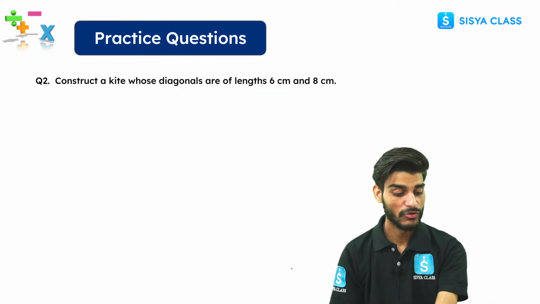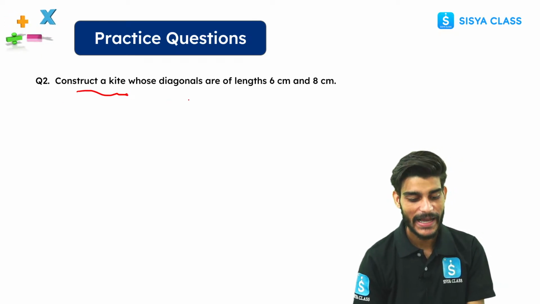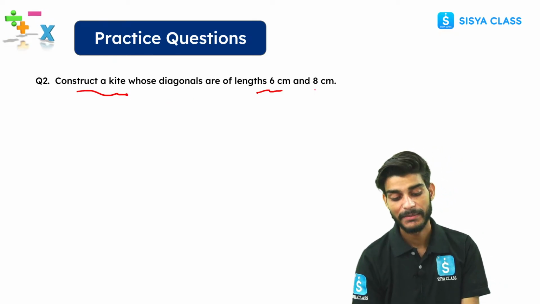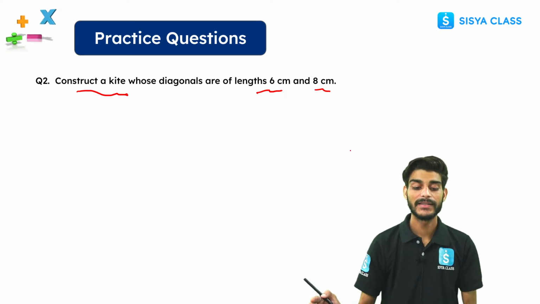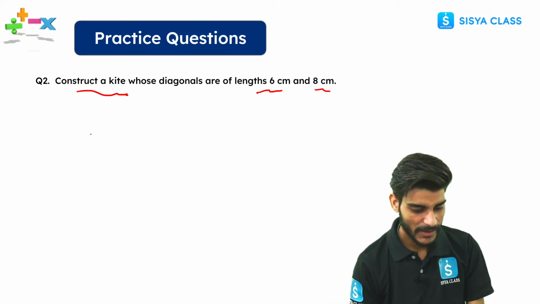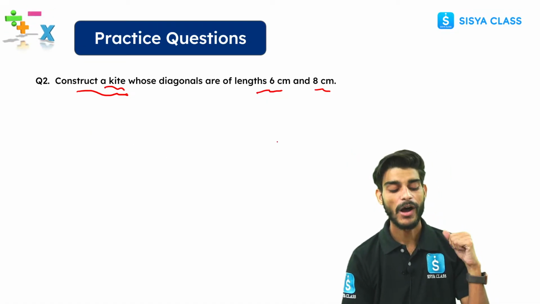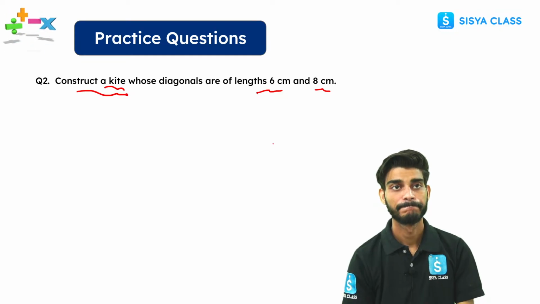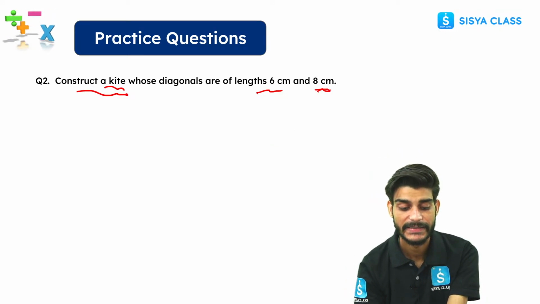Okay, let's do question number 2. It says construct a kite whose diagonals are of length 6 cm and 8 cm. It's talking about the diagonals whose lengths are 6 cm and 8 cm, but it's talking about a special type of quadrilateral, a kite. So how will you do it? Diagonals are 8 cm.